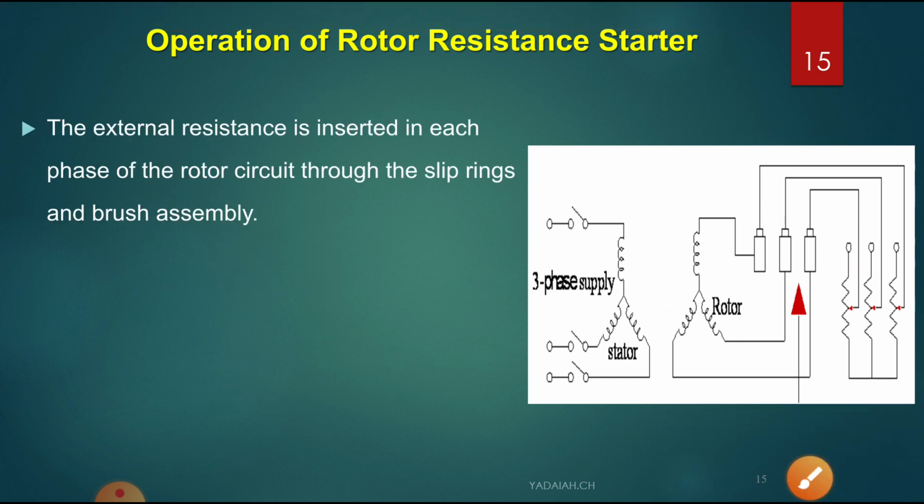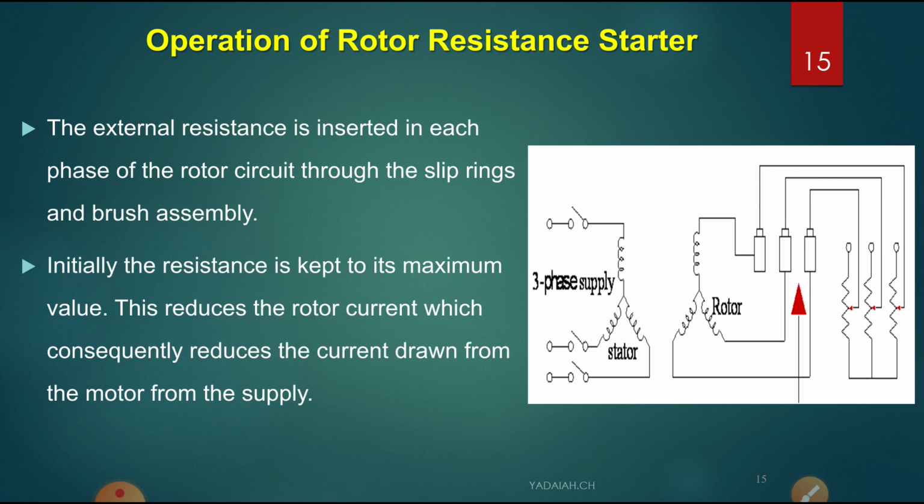Same thing: the external resistance is inserted in each phase of the rotor circuit through the slip rings and brush assembly. And second, initially the resistance is kept at its maximum value. This reduces the rotor current, which consequently reduces the current drawn from the supply.